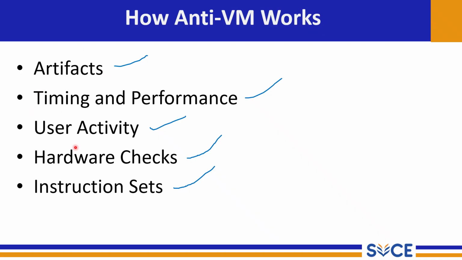First, artifacts: searching for files, drivers, or registry entries that are common to some VM software like VMware or VirtualBox. Second, timing and performance: exploiting differences in CPU cycle count or execution timing between physical and virtual machines.